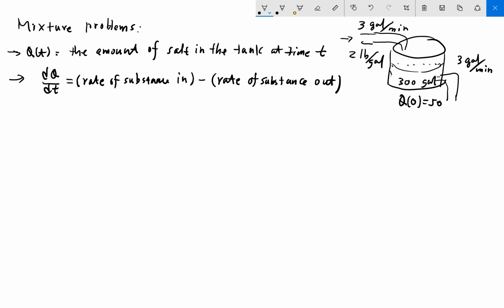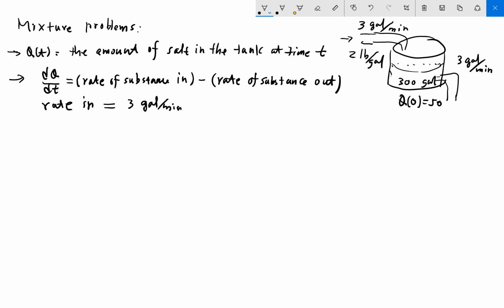First of all, let's find the rate in, which means how many pounds of salt get in per minute. We have 3 gallons per minute, but that's not the number of pounds of salt getting in. That's how fast the liquid gets in.